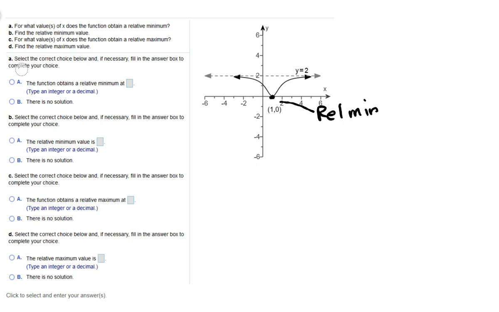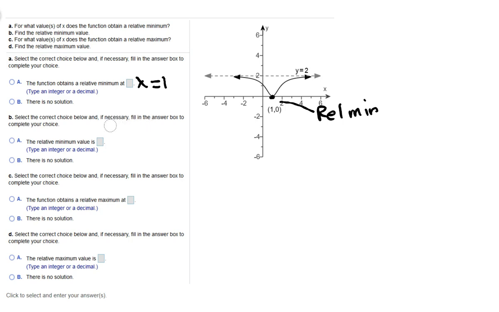First it says, select the correct choice below. If necessary, fill in the answer box to complete your choice. The function obtains a relative minimum at, and this is going to be our x value. That is our where part. So x equals 1.